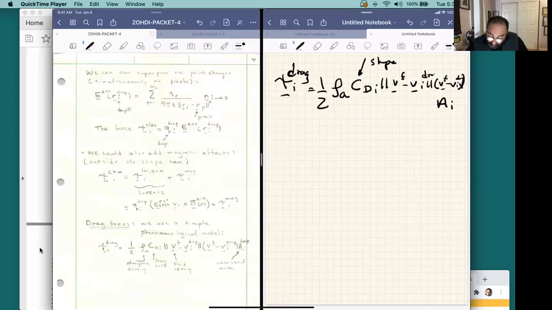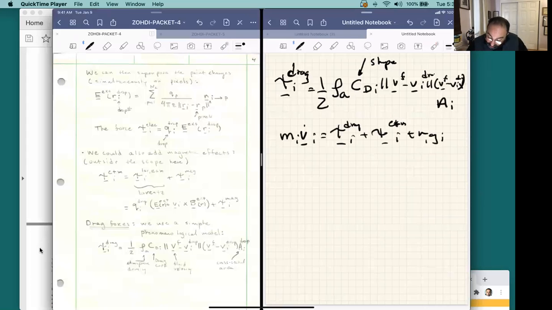This is a pretty complicated differential equation, because if we now start to think, wait a minute, we're going to have to solve m v dot equals the drag force, the electromagnetic force, the gravitational force.